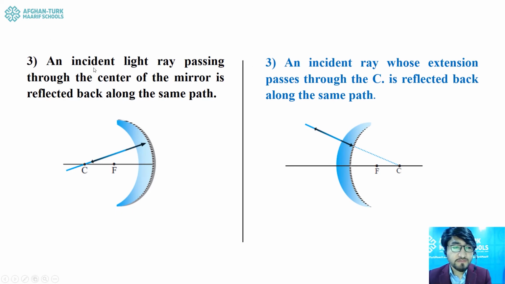Number 3, an incident light ray passing through the center of the mirror is reflected back along the same path. Why? Because the angle of incidence is 90 degrees.